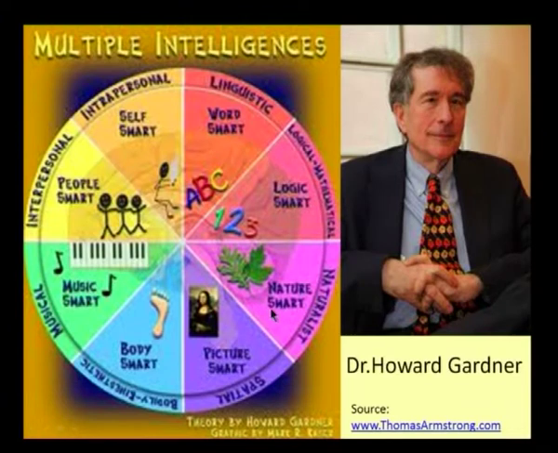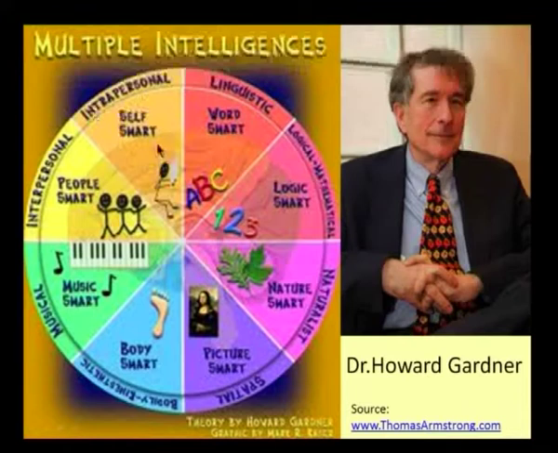Naturalistic, that is natural smart. You are having spatial, that is picture smart. You are having the body, or it is body smart. You are having the musical, that is music smart. You are having the interpersonal skill, that is people smart. Intrapersonal, that is self smart.